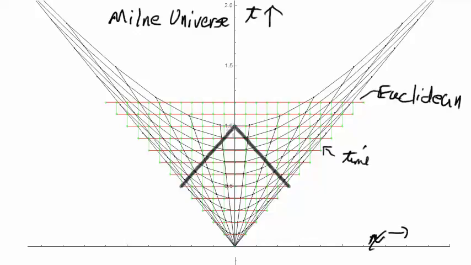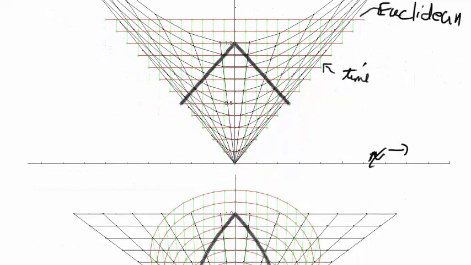Now, this represents a light cone of all of the events that are currently being observed by this observer at the center. So what I have done already is to take these curved lines here and basically flatten them.